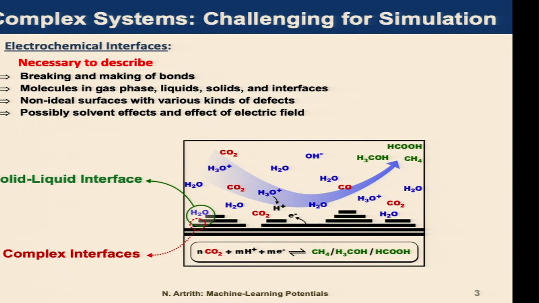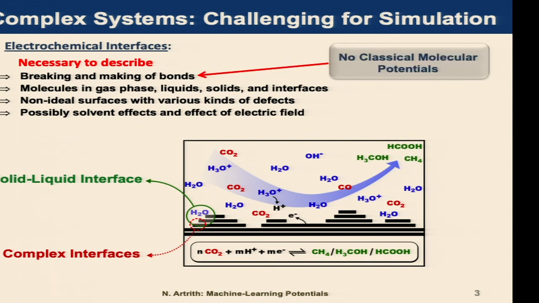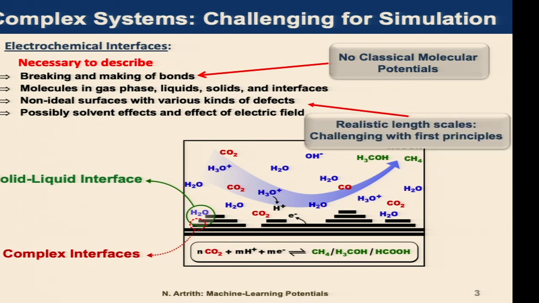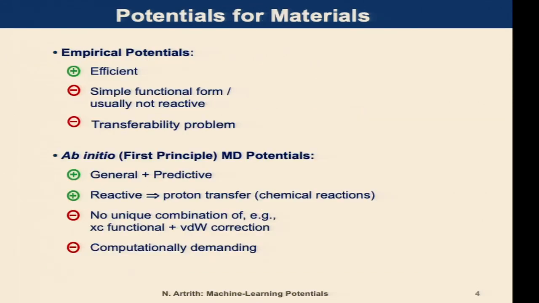The current state of our methods right now, for large scale: the classical molecular potential cannot really describe bond breaking and forming. And if we want ab initio accuracy, it is very difficult to treat all the kinds of properties that I just mentioned here.